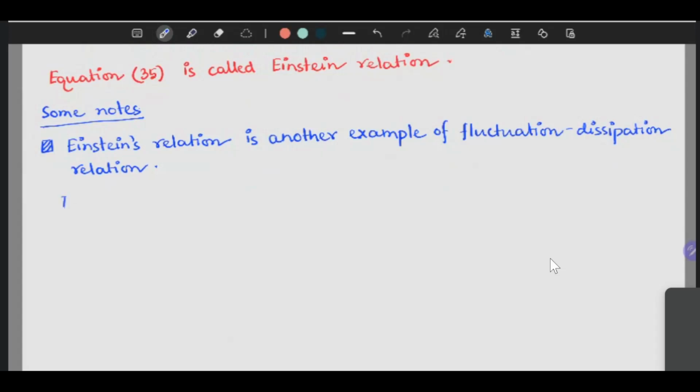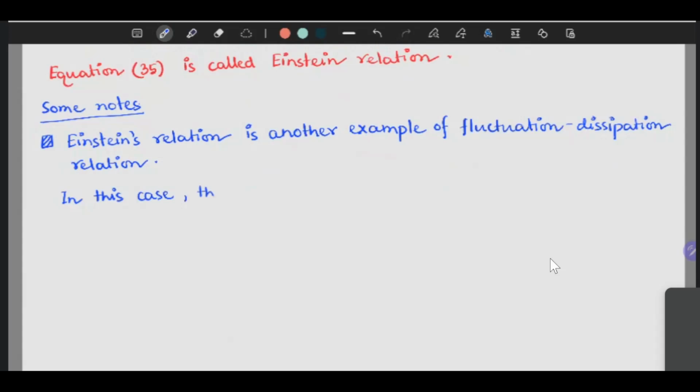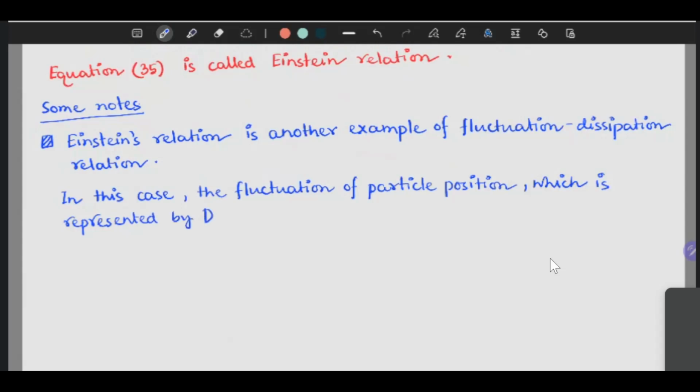So in this case, the fluctuation of particle position, which is represented by the diffusion constant, self diffusion constant D, is related to the dissipative force, is related to the frictional constant gamma.